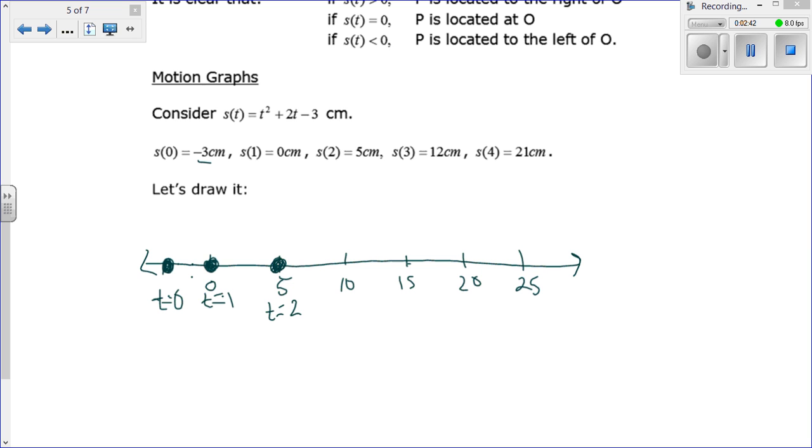When t is equal to 3, I'm at 12. When t is equal to 4, I'm at 21. So all I've done essentially is plot my position on a number line and labeled my t values.